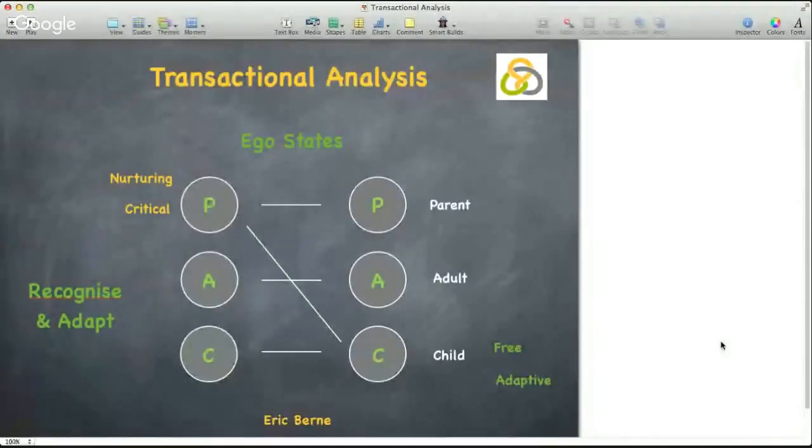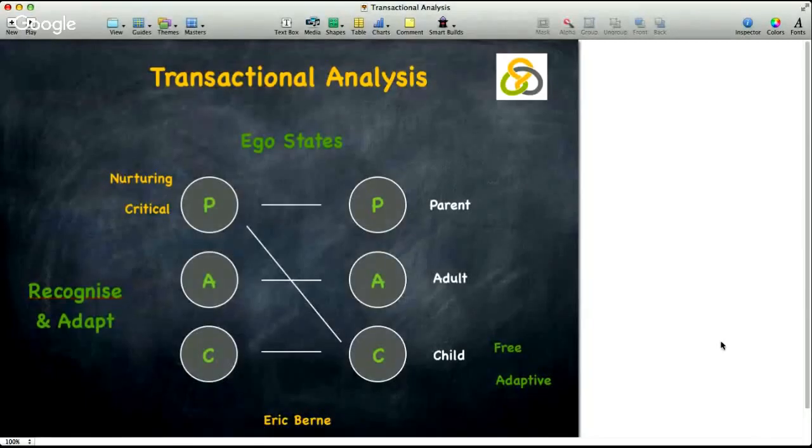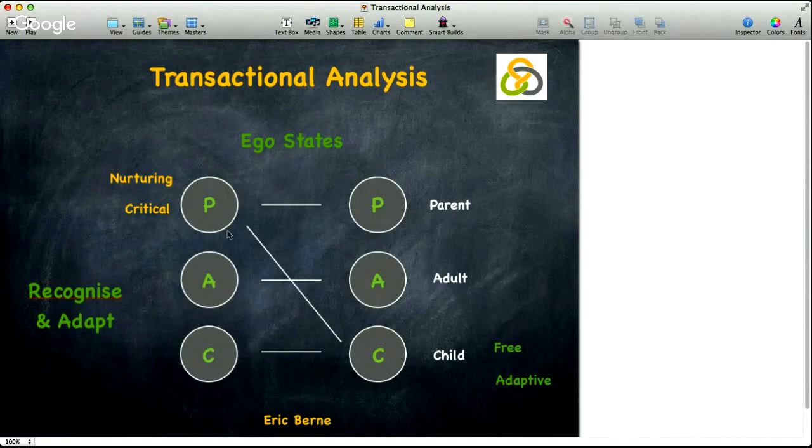The characteristics of each ego state are: the critical parent state. The person in this position is overbearing and tells people what to do. The nurturing parent state.